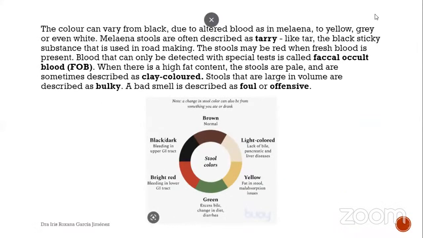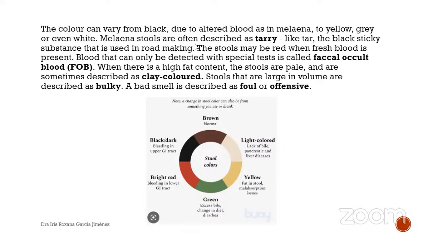Now, taking into account the color, it is giving us some details about the diagnosis and how it works. It can vary, of course, and it can go from white or light colored to black. Lots of colors to consider, right?